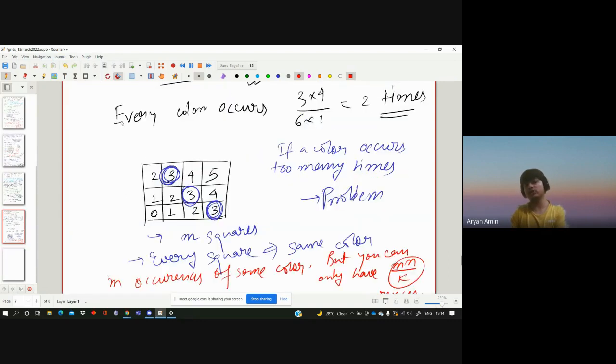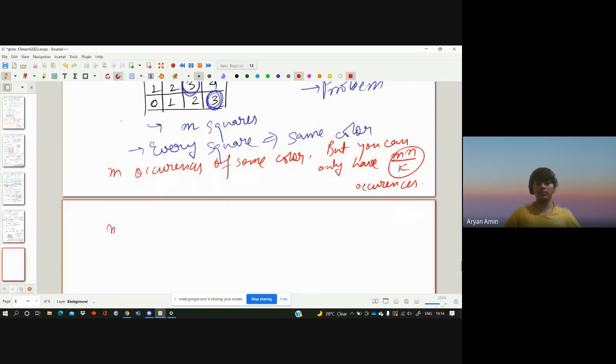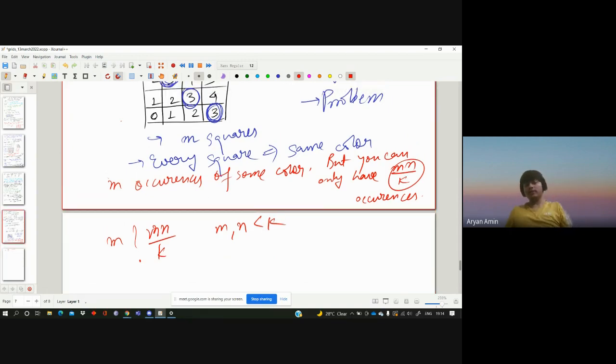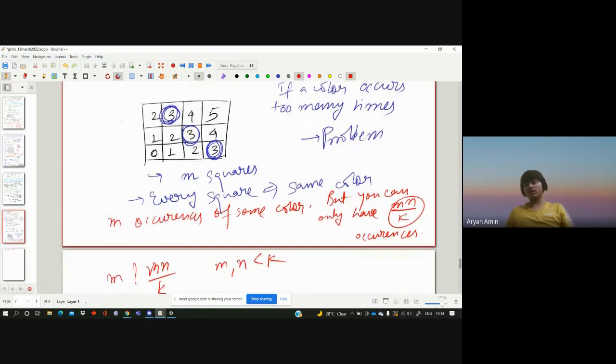So can you tell me which value is larger, m or mn by k? Also remember that we are trying to prove that if a color occurs too many times, then that is a problem.